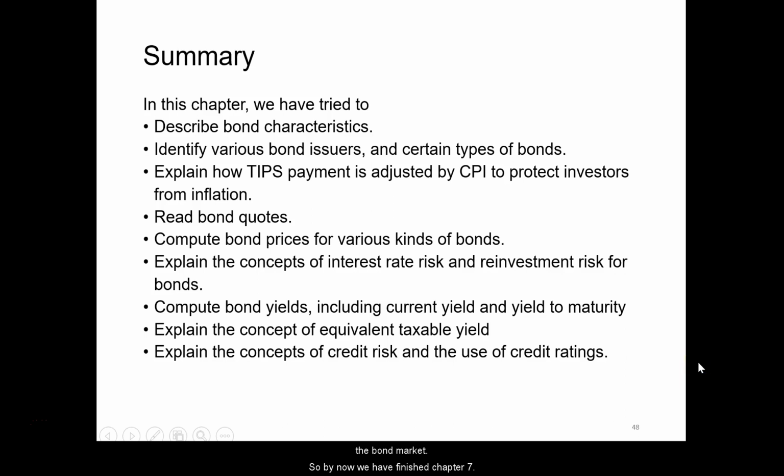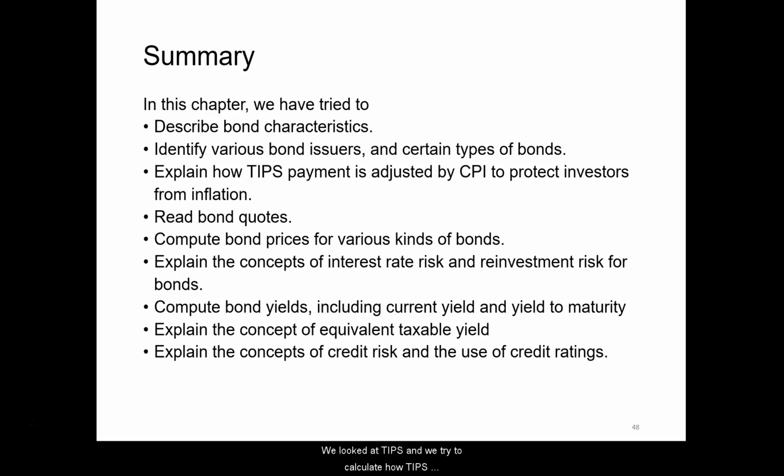So by now we have finished chapter 7, and we have tried to look at a lot of features about a bond and try to understand some terminologies of bond and bond investments. We also discussed different bond issuers and different types of bonds.